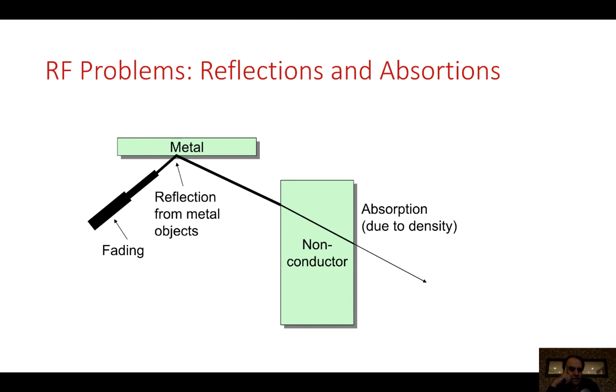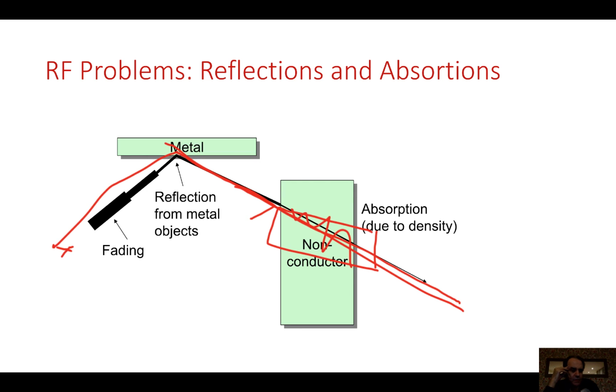Okay, so absorption and reflection is one problem. It's good sometimes because we can bounce our signals off metal objects, but in other cases it can cause multipath. Along with this, if it's a non-conductor, the wave will not reflect off it, but it will go through it, and then it will be absorbed.